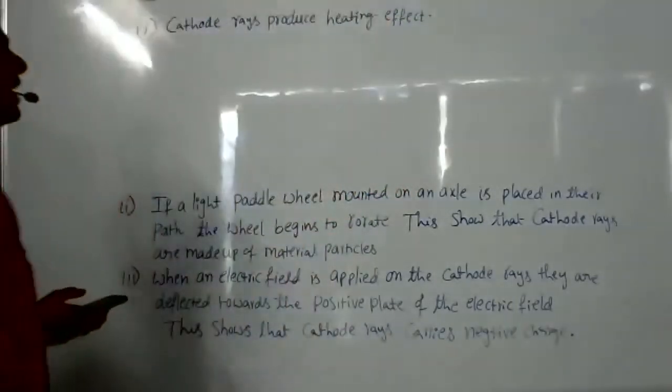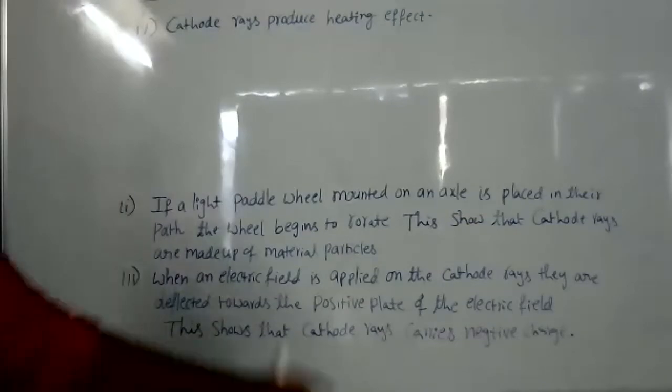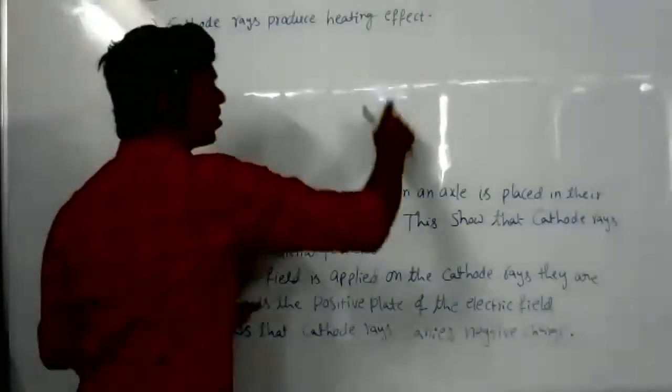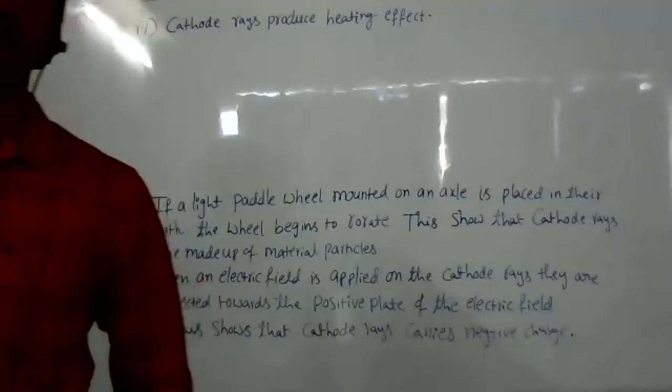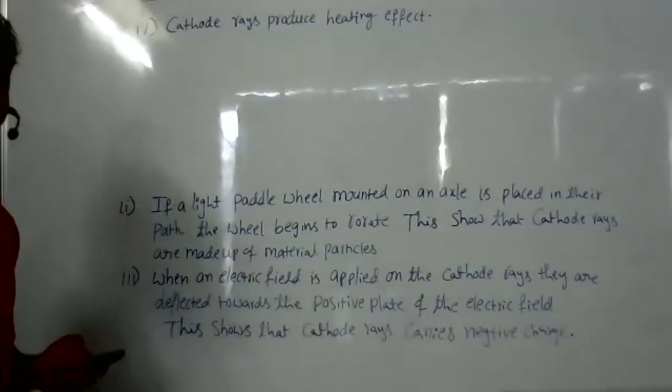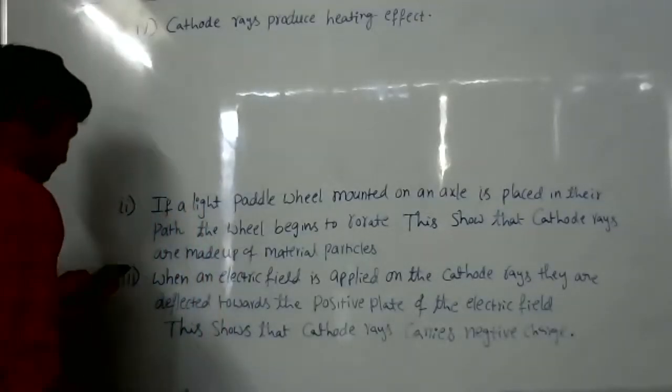This means when cathode rays are allowed to fall on a metal plate, that metal plate becomes very hot. That's why cathode rays are producing a heating effect.